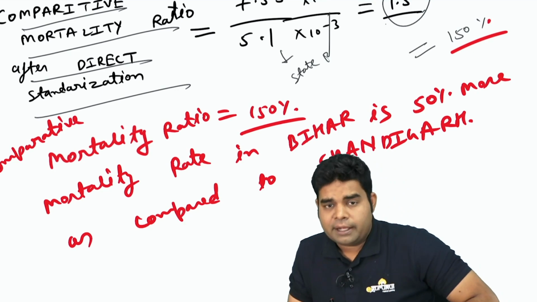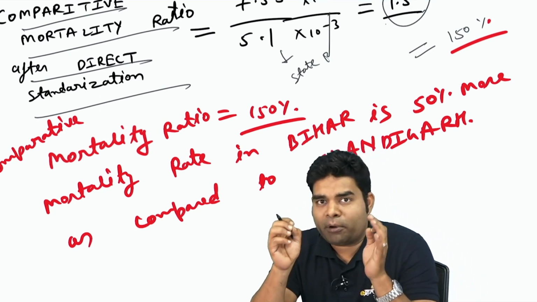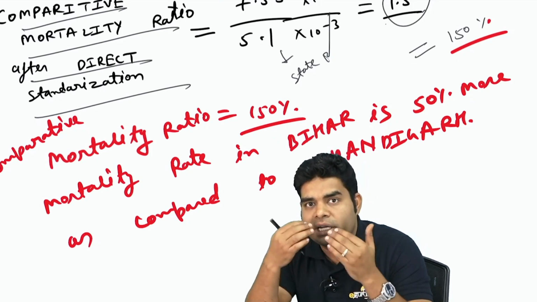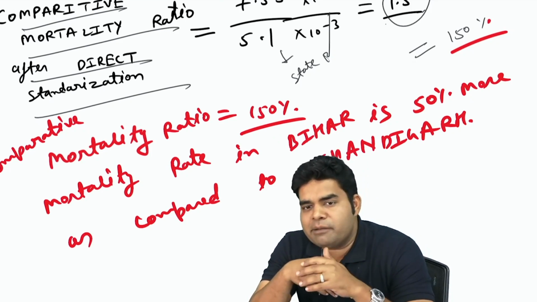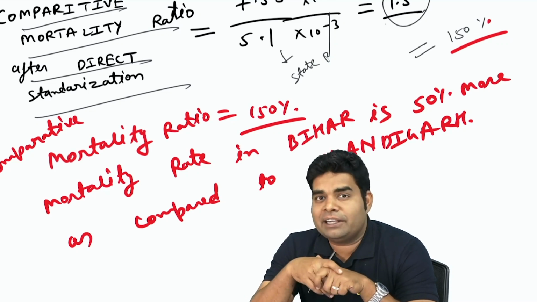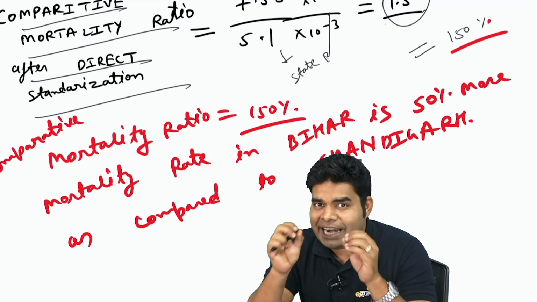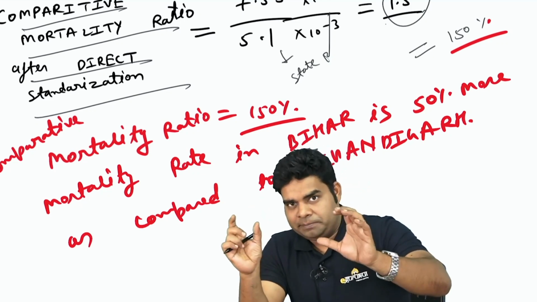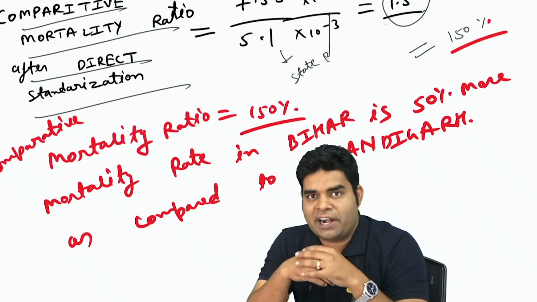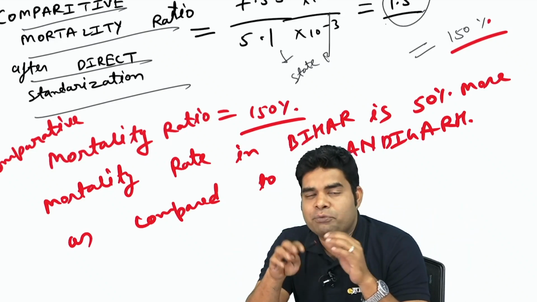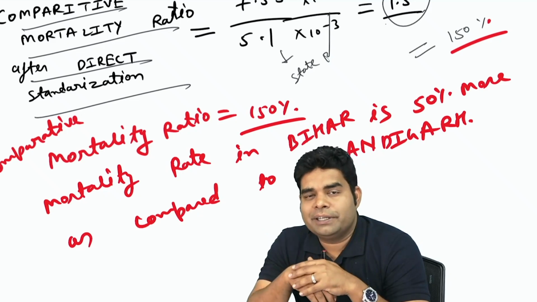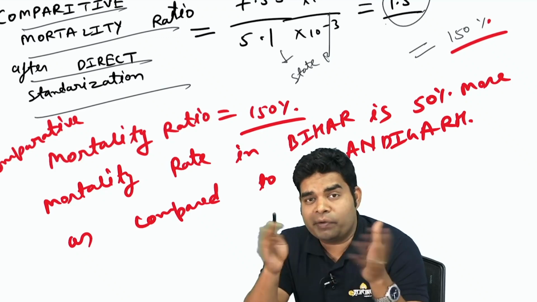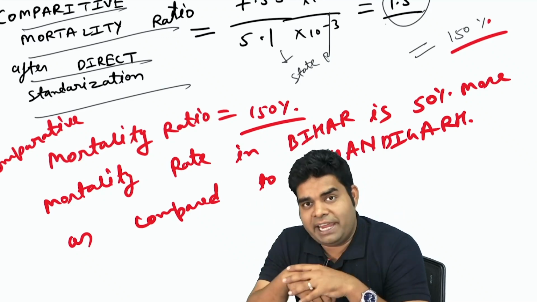So with the help of direct standardization, we get the comparative mortality ratio in the end. And the comparative mortality ratio tells us that in the actual situation, what is the death rate after direct standardization? That means if we remove the effect of age, then what is the death rate in these two places after removing the effect of the confounder, which was age in this example?